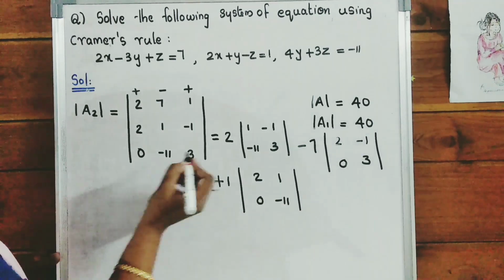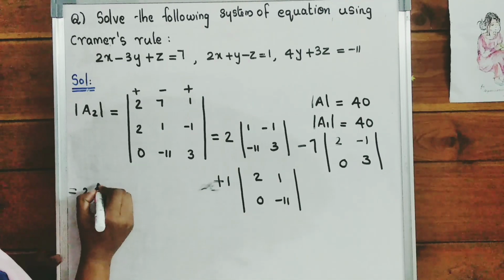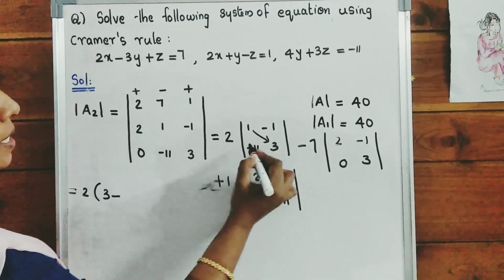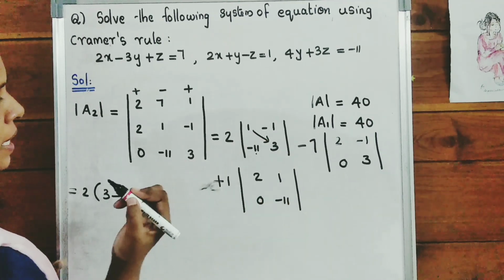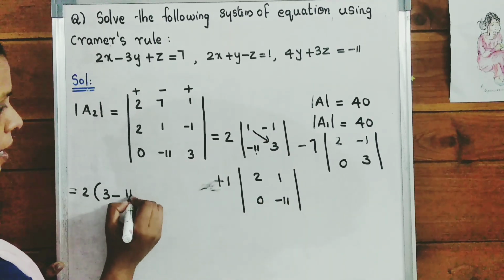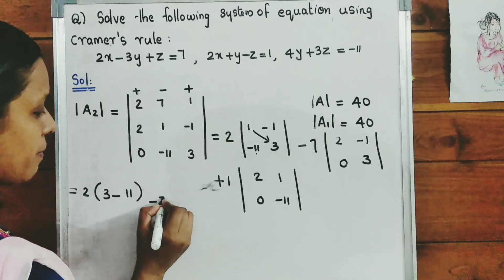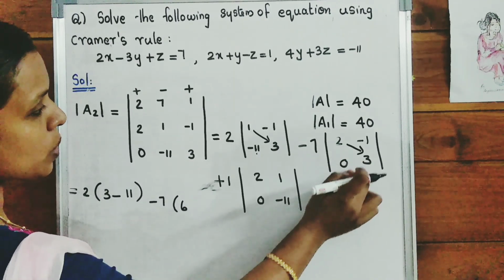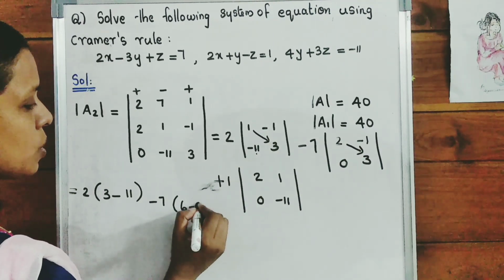Okay. That is equal to, we can write 2 into, here 1 into 3, that is 3. Minus, here negative 11 minus 1, that is we get 11. Okay. Then minus 7 into, here 2 into 3, that is 6. Here 0 into minus 1 is 0, minus 0.